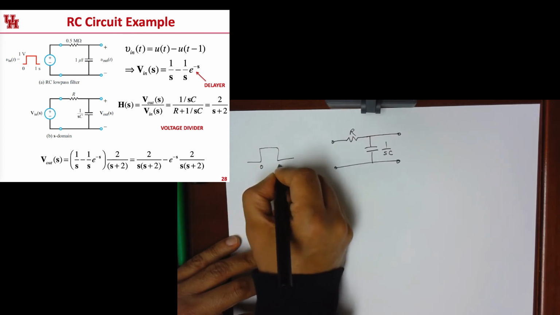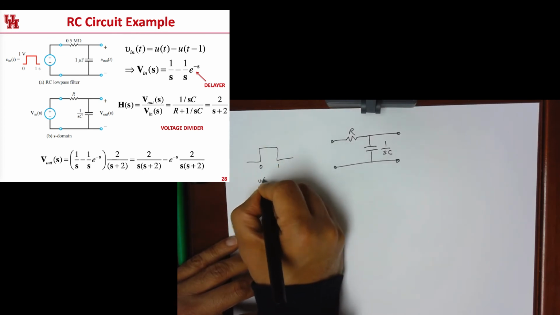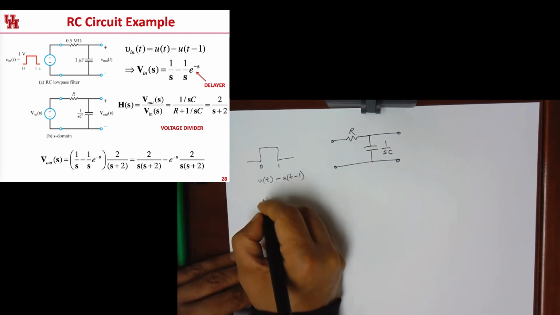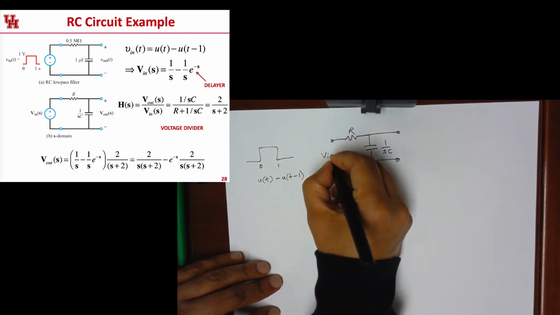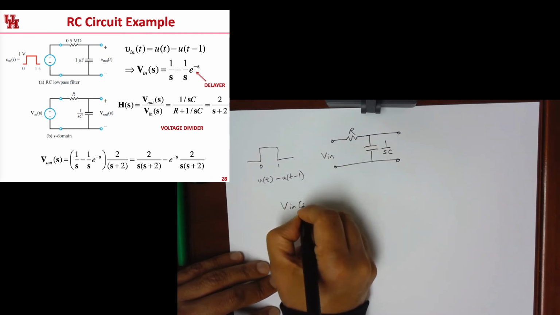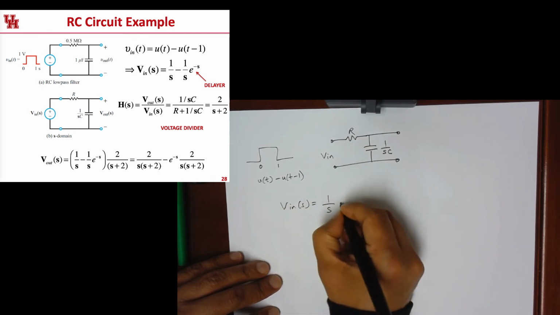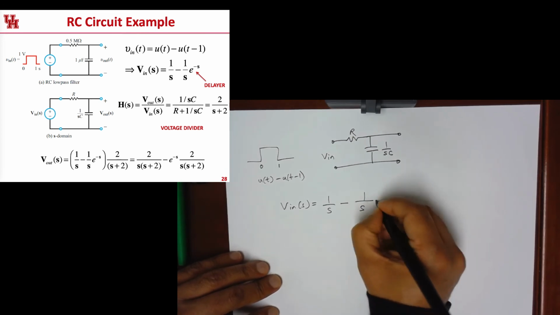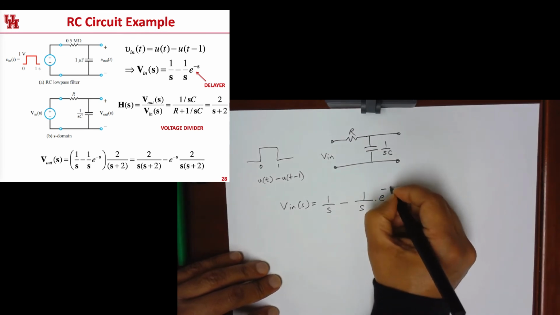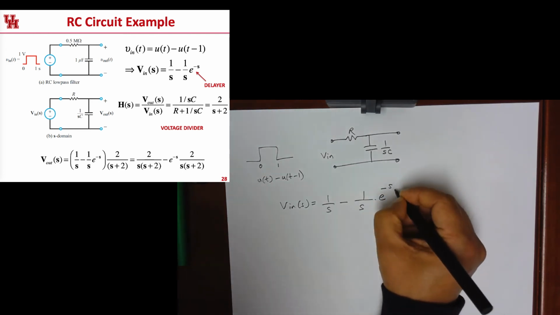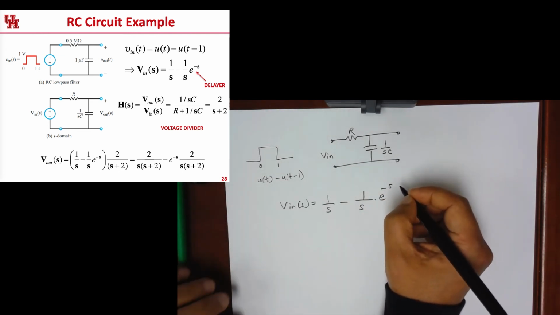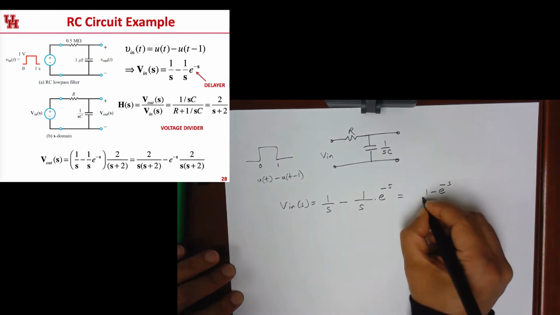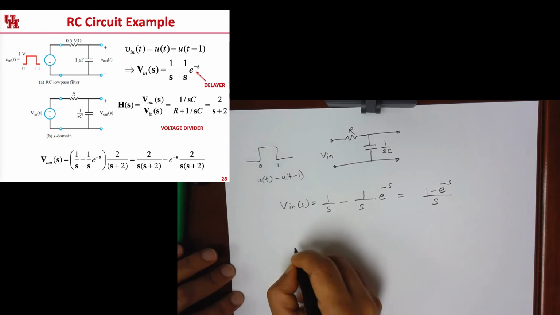So this was a pulse that started off at 1, so it was like u of t minus u of t minus 1, right? So in the Laplace domain, I can write my Vin of s as 1 over s minus 1 over s times the delay, right? e to the minus s times 1, right? So this is 1 minus e to the minus s divided by s, right?